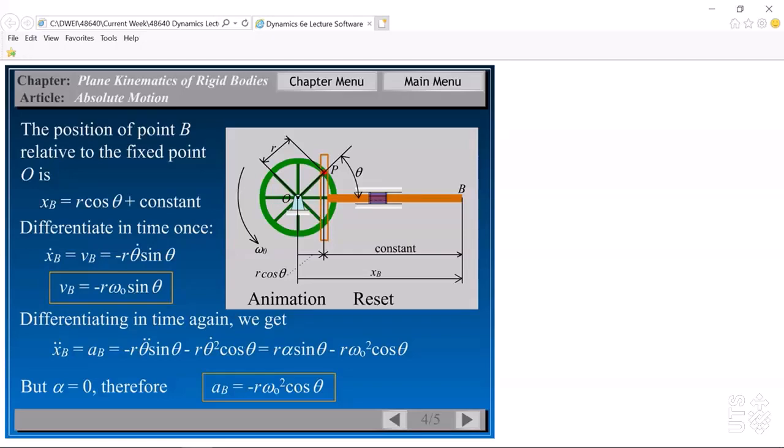On the right side, we can work out alpha. Alpha is the angular acceleration of this wheel. Okay, so here, this one will be the acceleration equation.